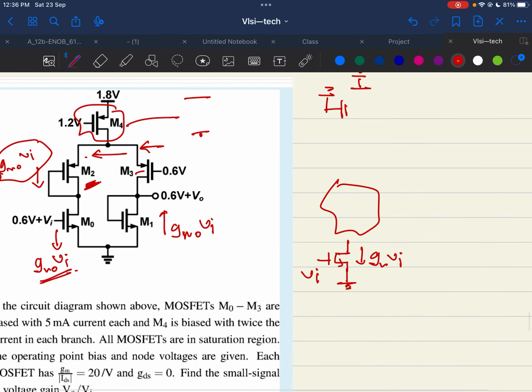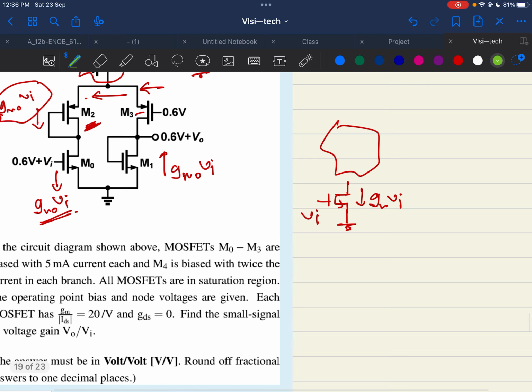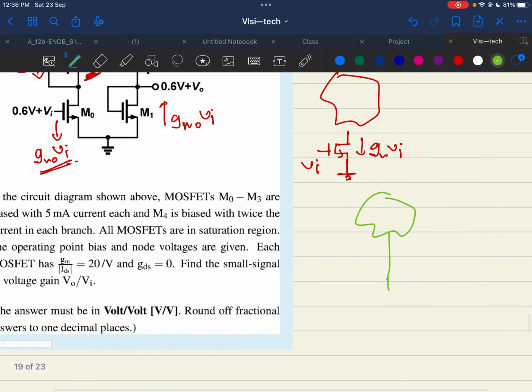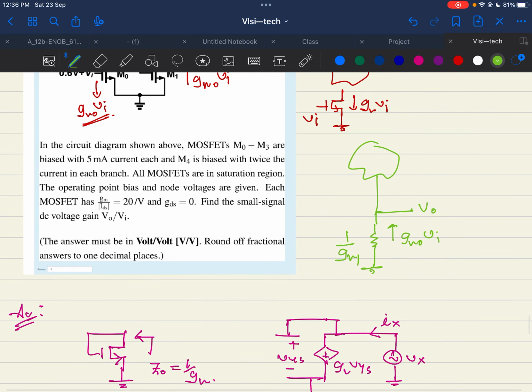Now consider this M1 transistor. If we consider that an external circuit is present, and this has drain and gate shorted, we can directly replace this M1 with a resistance of value 1 by Gm1. Here they asked to find V0, and this Gm0 Vi is flowing through this M1 transistor.